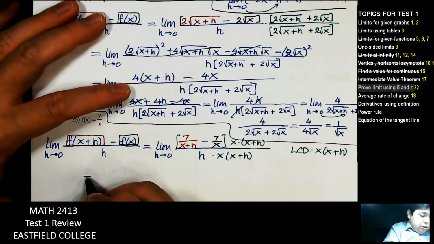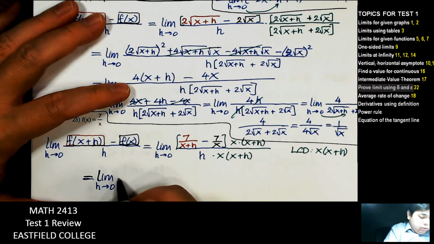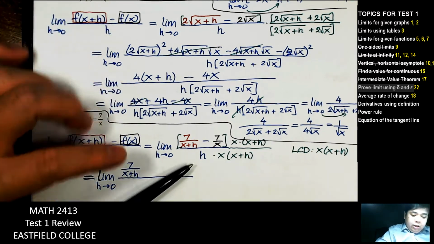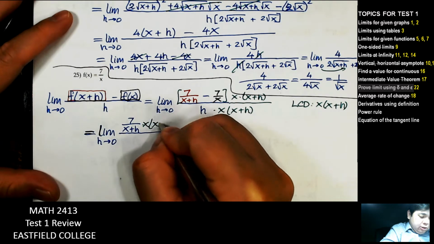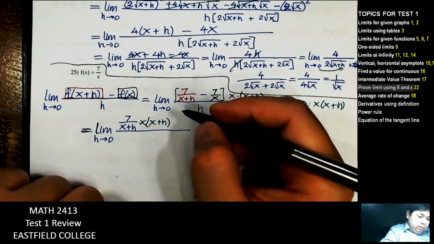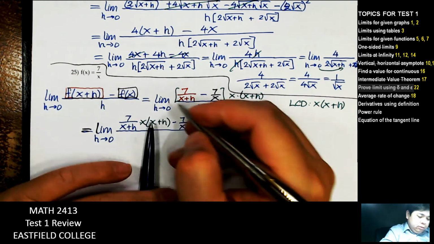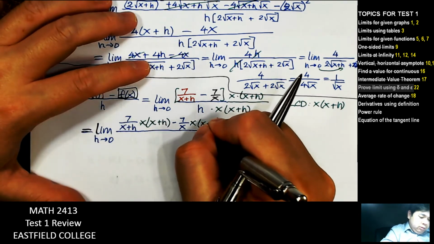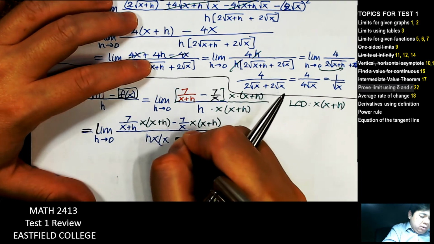So pretty much we multiply that to everything. And on the bottom we still have h, x and x plus h.